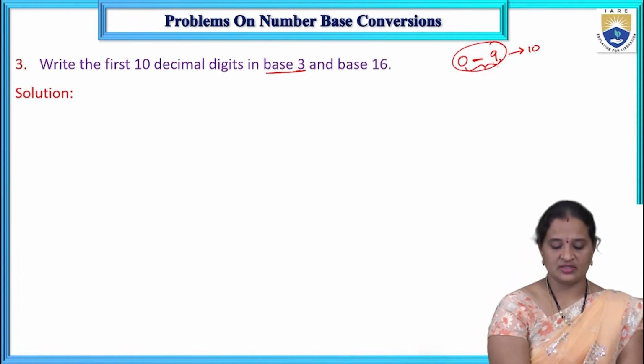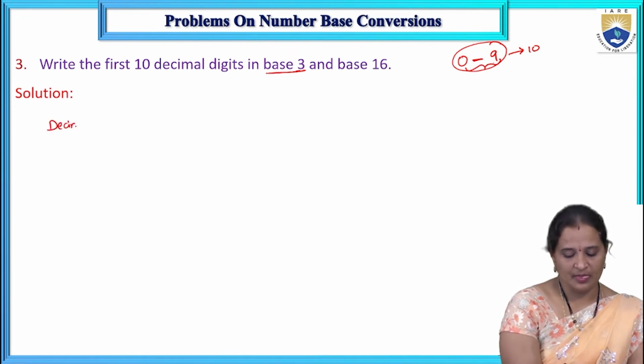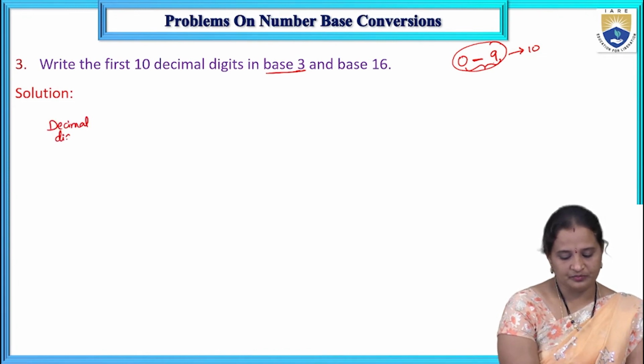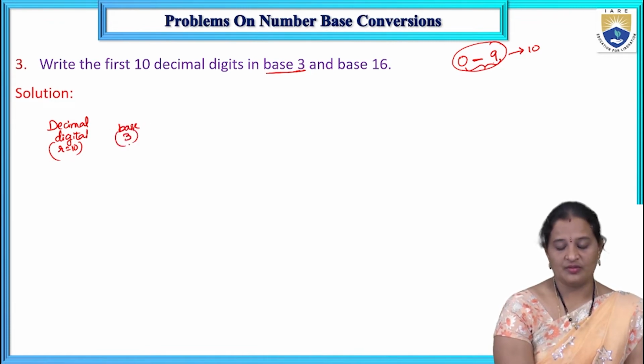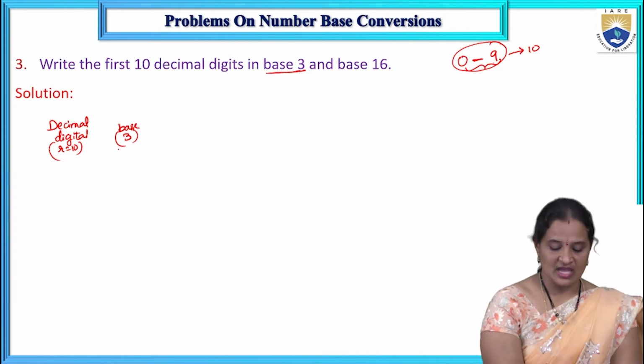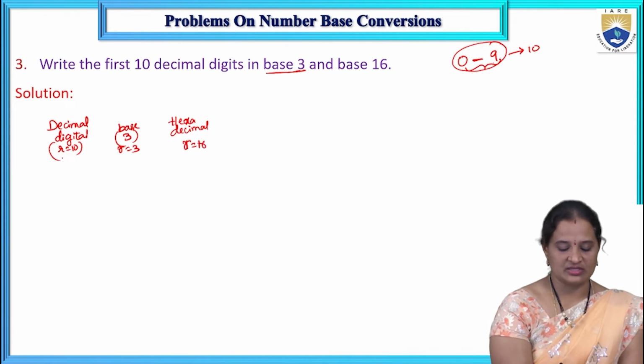Now how can I write this one? So here I'm writing the decimal digits, whose base is r equals 10, and now we are writing in base 3, that means r equals 3, nothing but radix. And base 16 is nothing but hexadecimal, where r equals 16.